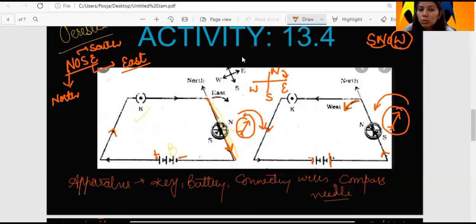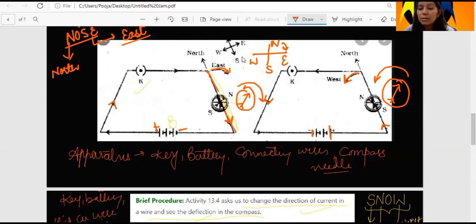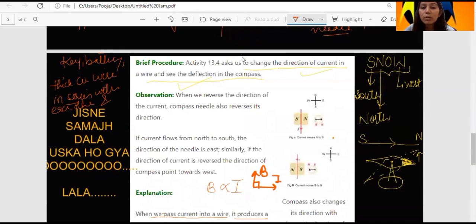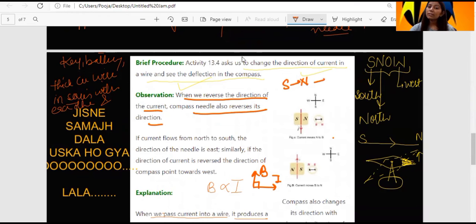In the earlier case, north to south, the compass needle shows a direction towards the east side. So what is the observation we will have? When we reverse the direction of the current, the compass needle also reverses direction. When the current moves from south to north, the compass needle shows a deflection towards west.